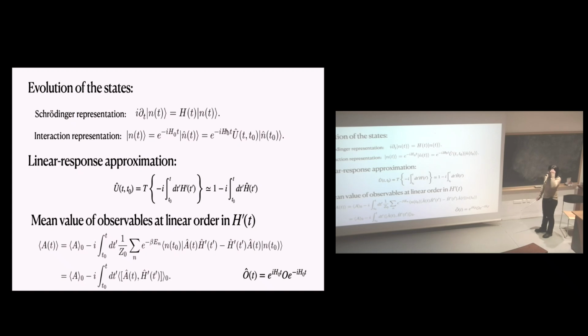Of course, this is an approximation, which is going to be valid if the amplitudes included in this perturbed Hamiltonian are small enough. This is what allows me to keep only the first order of this expansion.